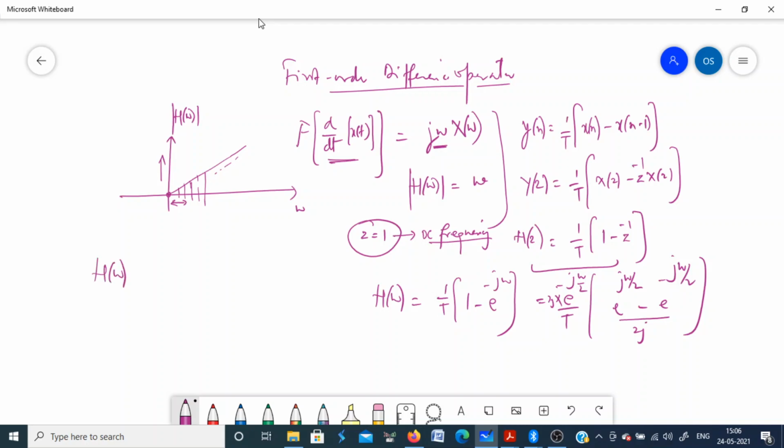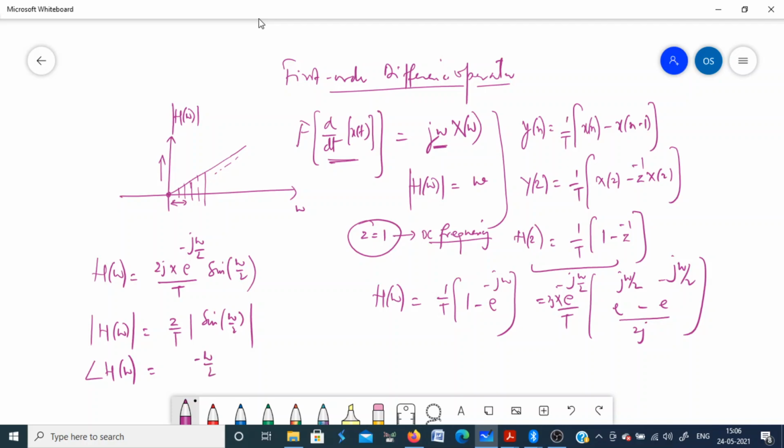So ultimately you get H(omega) equal to 2j e^(-j omega/2)/T times sine of omega/2. So its magnitude response will be 2/T |sine(omega/2)|, and its phase response will be minus omega/2, and because of this j you will get pi/2, so pi/2 minus omega/2.